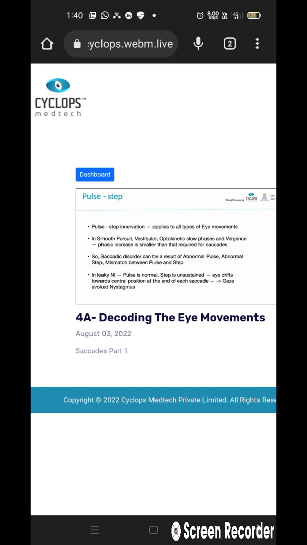So, any saccadic disorder can be a result of an abnormal pulse or abnormal step or a mismatch between pulse and step. So in cases of a leaky neural integrator, the pulse will be normal, but the step is unsustained. So the eye drifts towards the central position at the end of each saccade. That's what we call gaze evoked nystagmus.